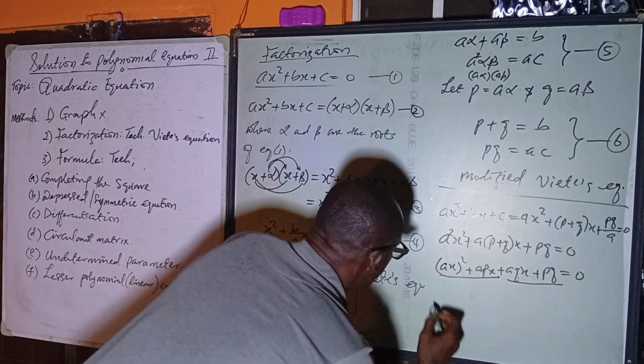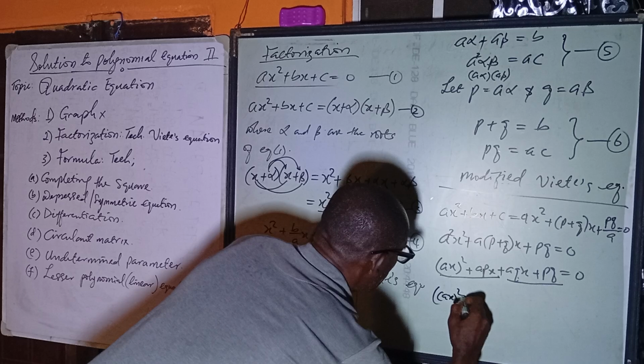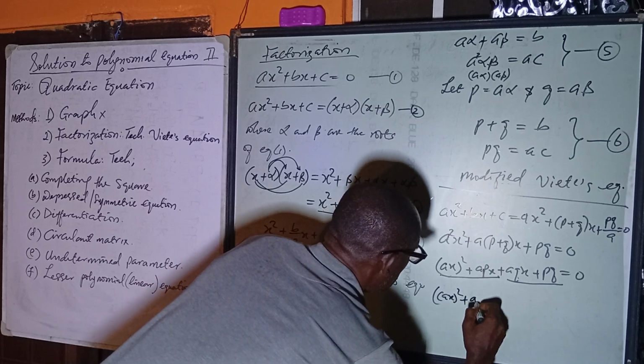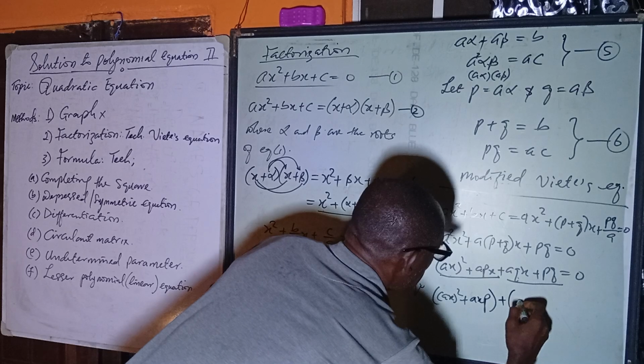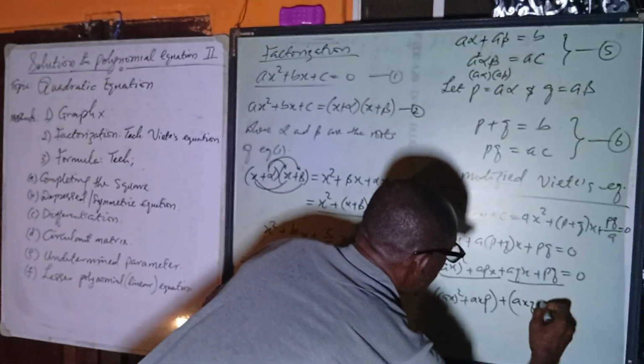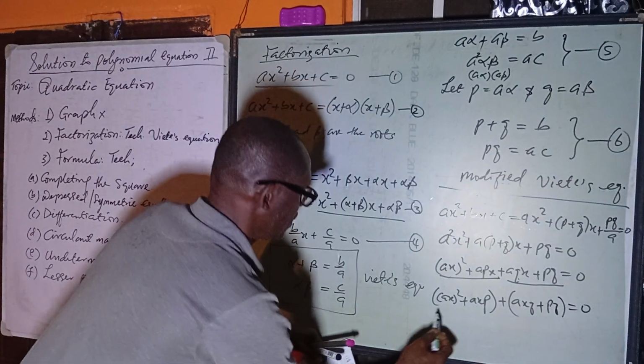So I have a squared x squared plus apx plus aqx plus pq all equal to 0.